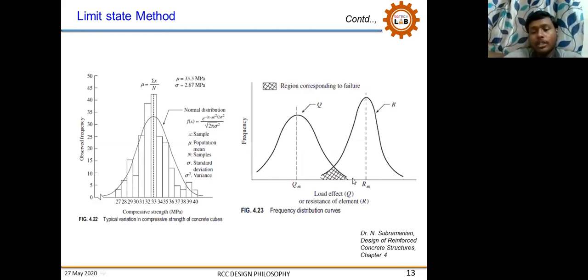But when the load is high and the resistance is low, this forms the failure area. If a design falls into this region, the structure may collapse at any time, even under normal conditions. So they have to consider these things when designing.